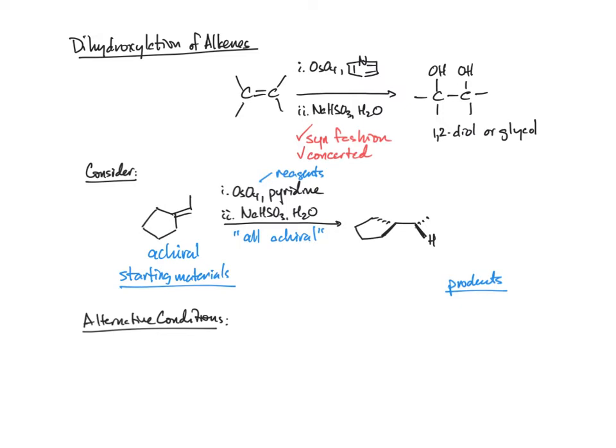So if we add from the top face, again, I said it's a syn addition. That's what I mean by syn. Both of these OH groups added to the same face. So Aiden says there are 2 enantiomers. That is correct. So I'm going to draw using the same orientation as I did initially.